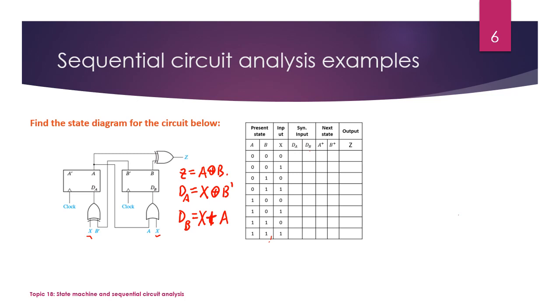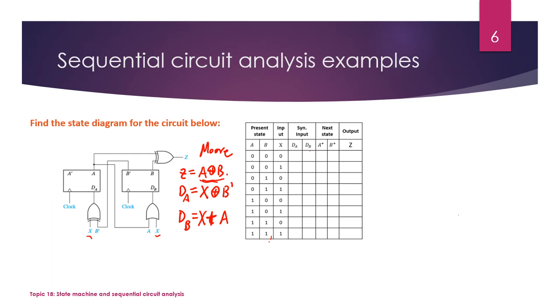Next state, A plus and B plus, means the next state, okay? And we have output Z. And we can tell Z is from A and B, directly from the flip-flops. So this is actually a Moore machine. There's no combinational part for Z.